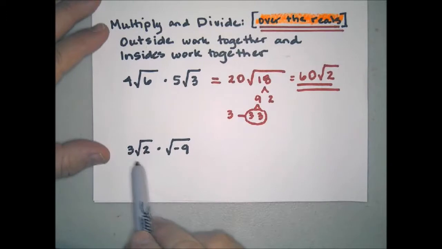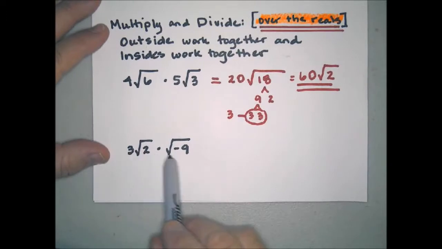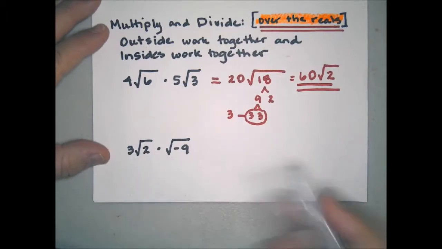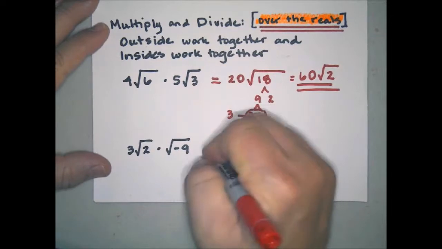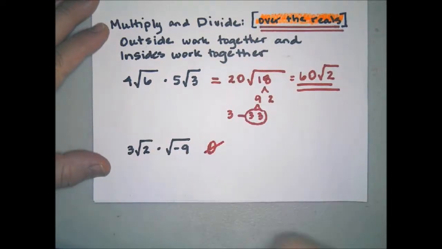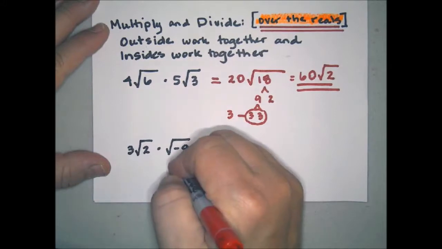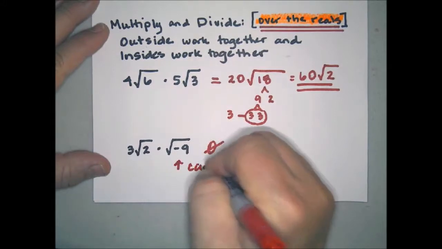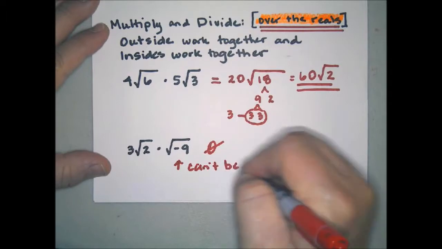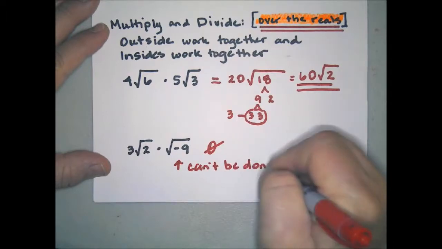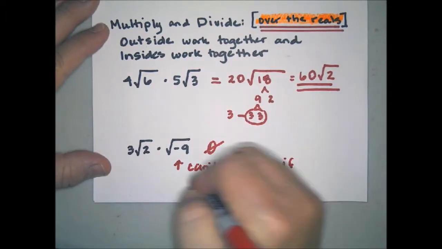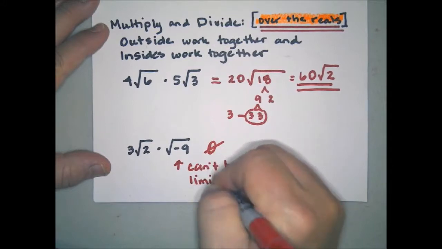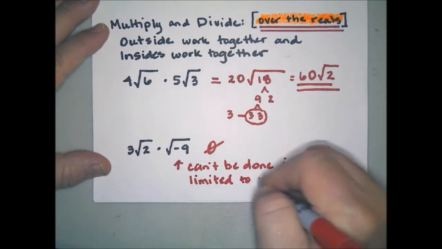So a problem like 3 square root 2 times the square root of negative 9, we're just going to say it's an empty set, because in the real number system, this can't be done if limited to real numbers.